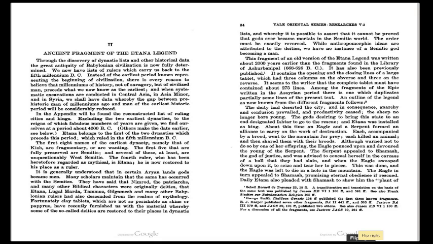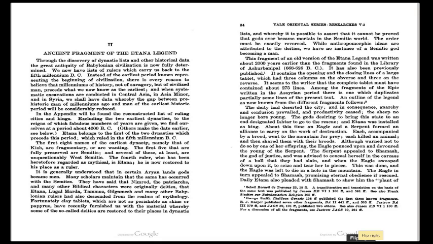Fortunately, clay tablets, which are not so perishable as skins or papyrus, have recently furnished us with the material whereby some of the so-called deities are restored to their places in dynastic lists, and whereby it is possible to assert that it cannot be proved that gods ever became mortals in the Semitic world. The order must be exactly reversed. While anthropomorphic ideas are attributed to the deities, we have no instances of a Semitic god becoming a man.